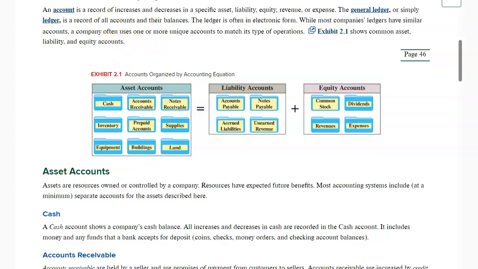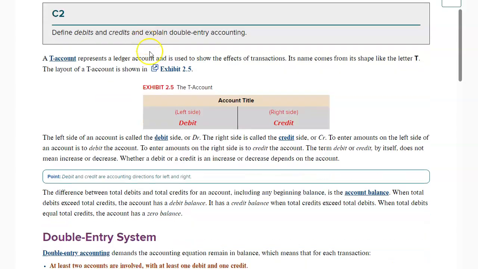Quickly back over to the T account, if I can get it to happen. There we go. So what we'll do is we'll record transactions on the left and the right of the account, and that will determine what the balance of the account is. What you'll do is add up all the transactions on the left side and add up all the transactions on the right side, and whichever side has more money, we'll subtract them, and that'll be the side the balance is on.